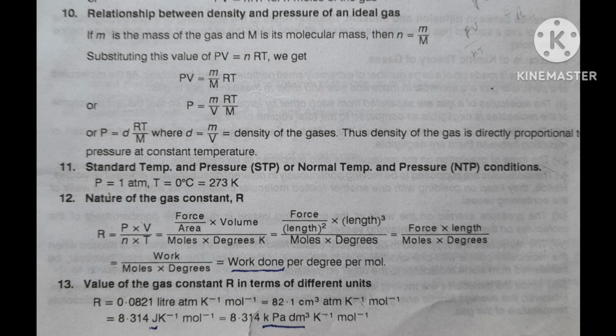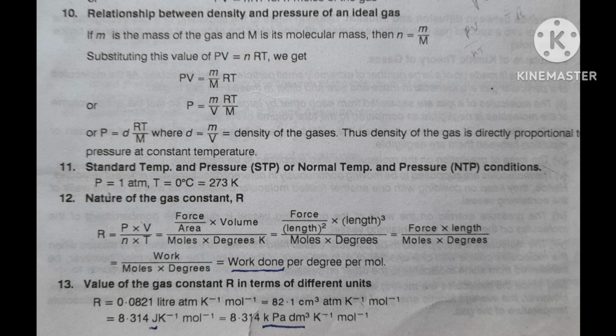In the place of pressure, you can write force divided by area, into volume, PV. Below is nT, where n is the moles and T is the temperature, written in Kelvin.